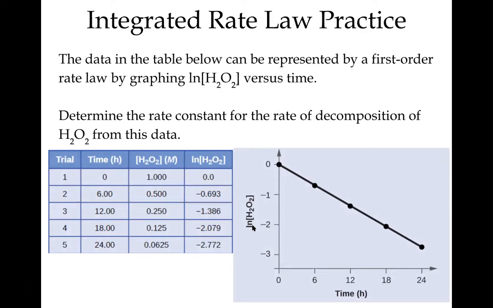What they're asking is to determine the rate constant for the rate of decomposition of hydrogen peroxide using this data. So remember, to do that, we can set it up by saying that the slope is equal to the change in y over the change in x, right?